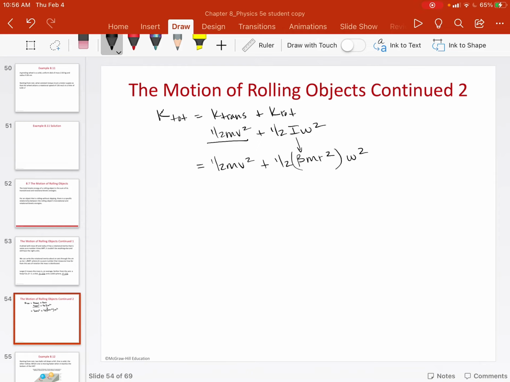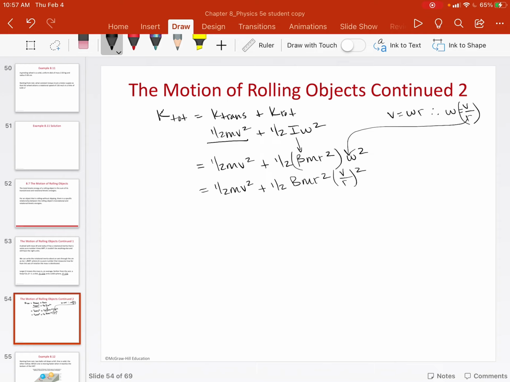Now, remember that velocity is angular velocity times radius. If we rearrange that and solve for angular velocity, then it's v over r. So I'm going to plug that in for the angular velocity. You've got 1/2 beta m r squared, and then you've got (v over r) squared.